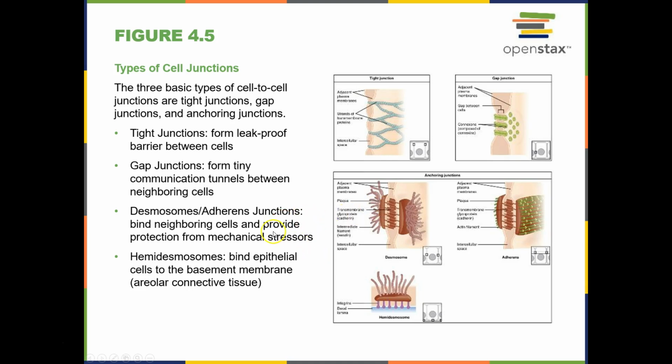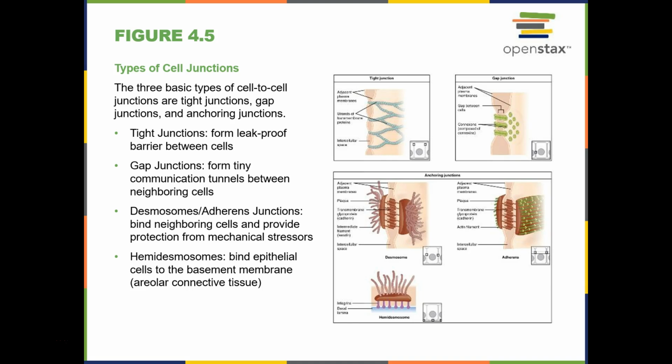Desmosomes, or adherens junctions, are junctions that provide protection against stress. Epithelial tissue has a lot of stress associated with it. Think about your skin and the pressure that is exerted on the skin all the time, moving materials across the skin, rubbing your skin, putting lotion on your skin, putting clothes on, taking clothes off, scratching your skin.